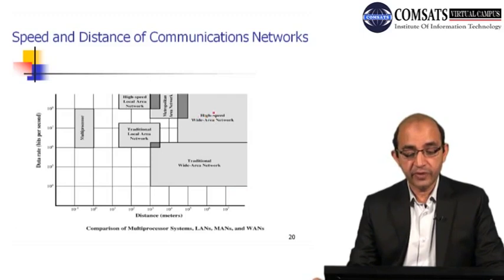And high-speed WAN supports longer distances, but it also supports higher data rate, right? So you can see the difference, right? So high-speed wide area network. So this is the huge distance, 10 raised to power 7, right?